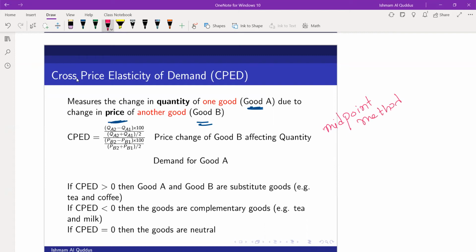However, we are basically looking into the change in price of good B, let's say.